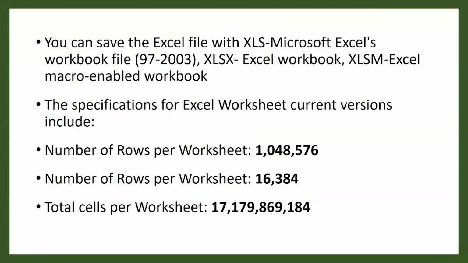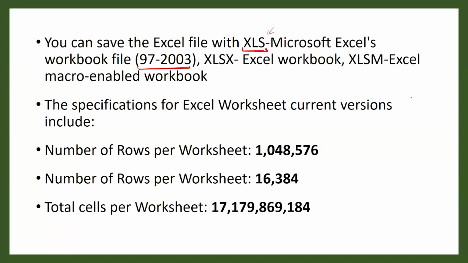Okay, so you can save the Excel file with the XLS extension, Microsoft Excel workbook, XLS, from version 97 to 2003, right? If you are using a Microsoft Excel version from 97 to 2003, the extension that you will get in your file name will be XLS.